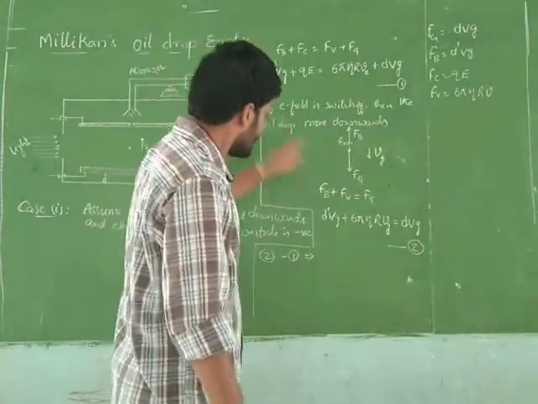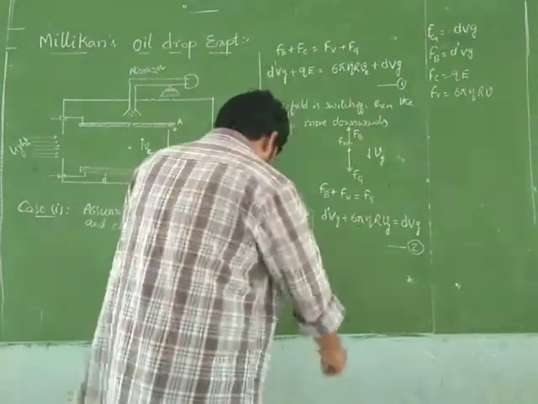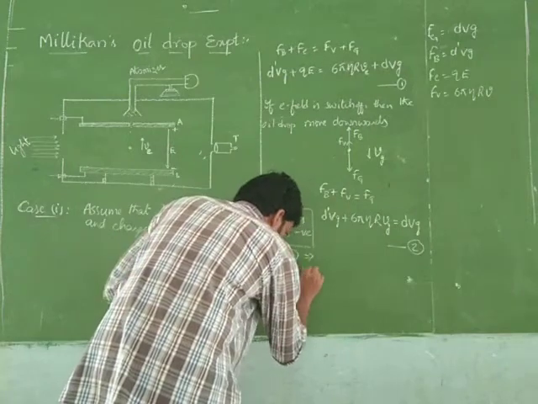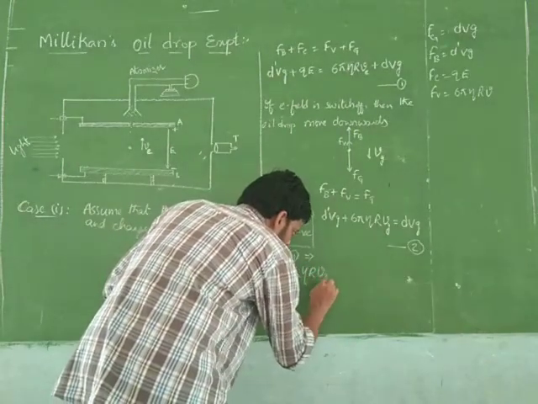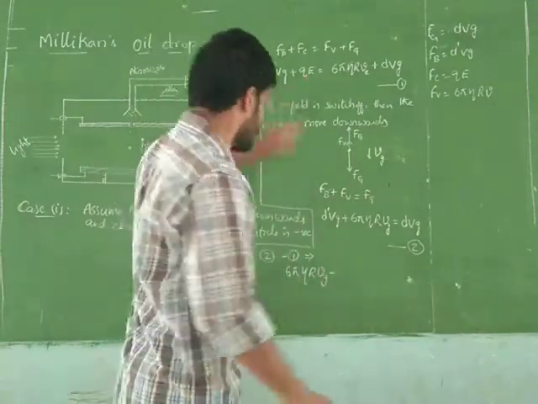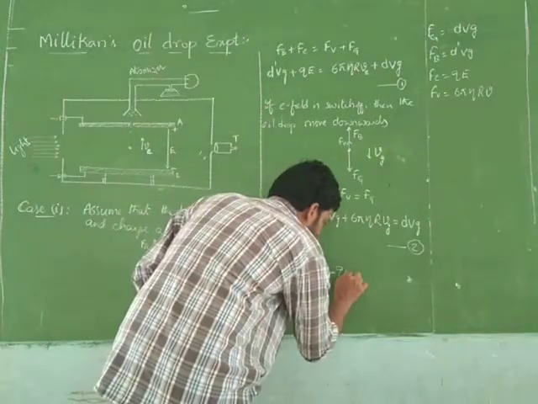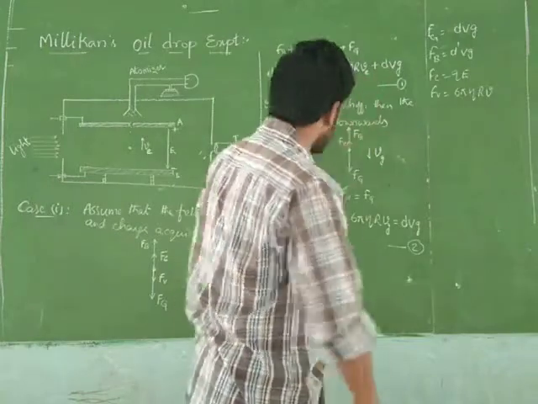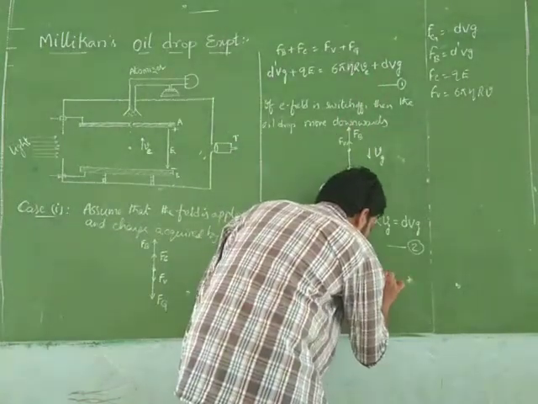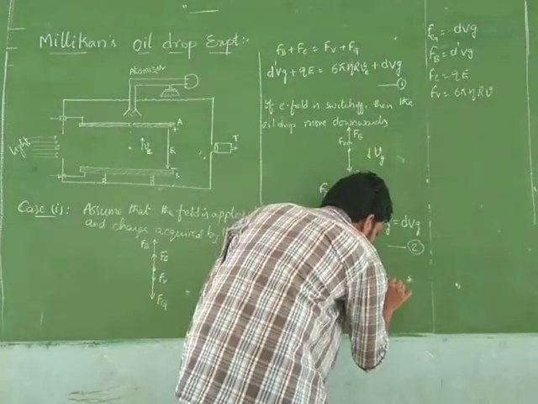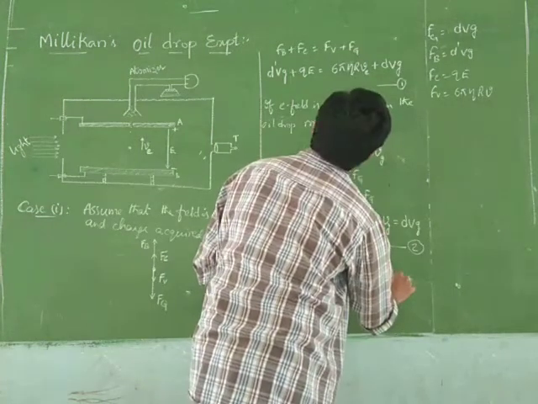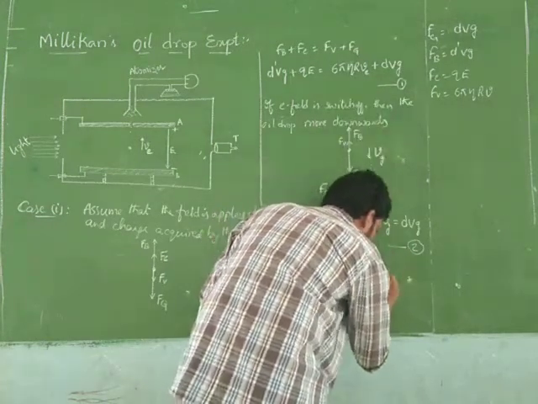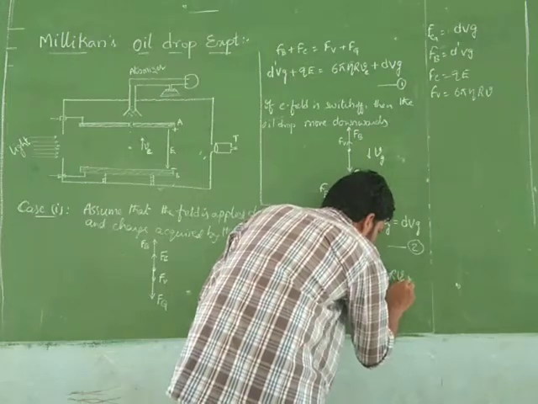So on the left hand side I am having this 6 pi eta rVz minus, here it is QE is equal to, on the right side, that so-called dVz gets cancelled and I am having only 6 pi eta r Ve.